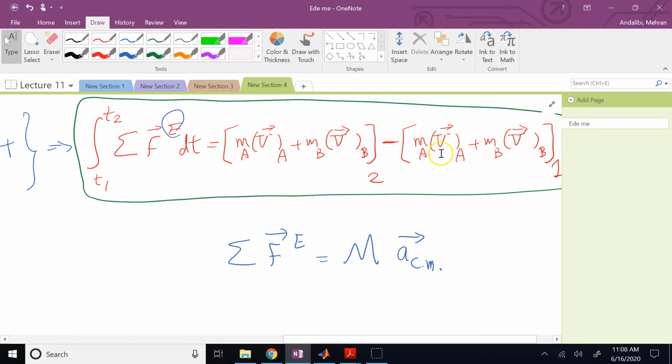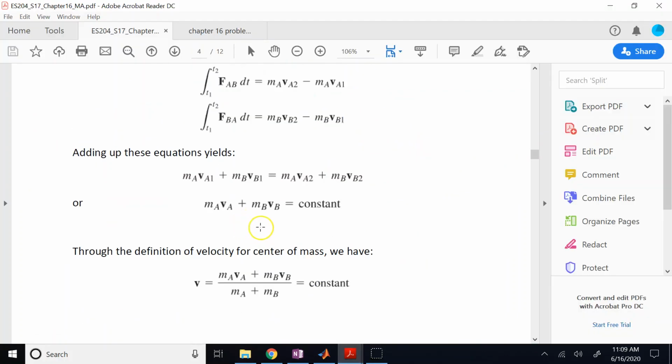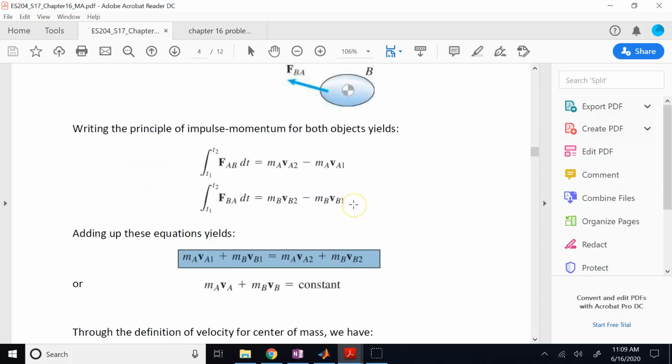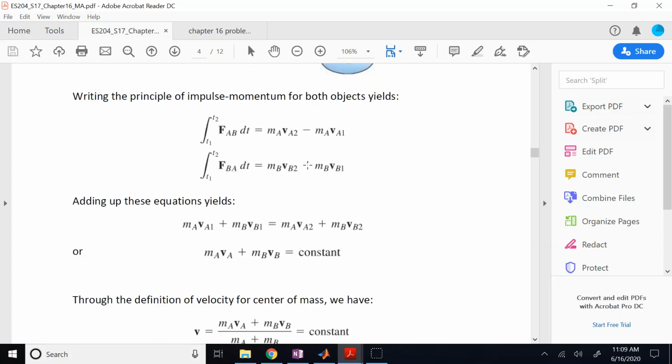In other words, the total linear momentum of the system is not going to change. The total linear momentum is a constant, and that's what we call conservation of linear momentum for the entire system. This is what we use as one part of formulating impact and collision problems.